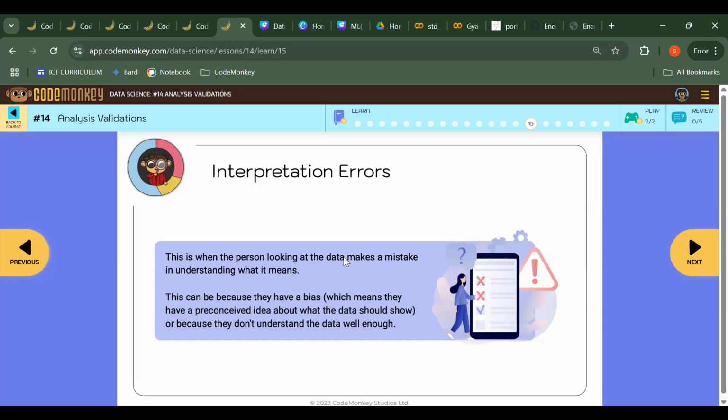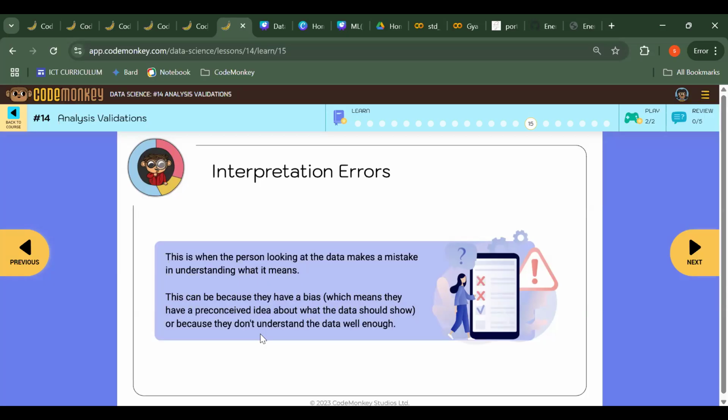These can happen because they have a bias, which means they have a preconceived idea about what the data should show, and because they don't understand the data well enough. This shows up in data analysis and validation.